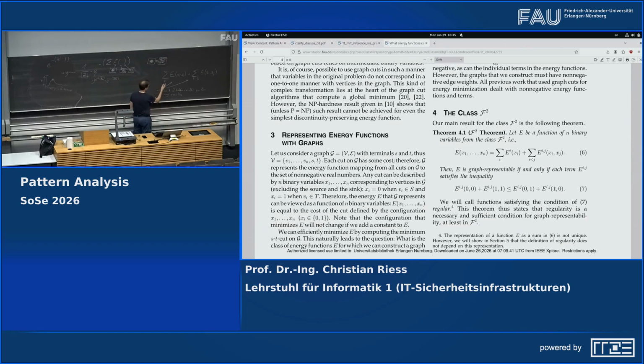So this is the third condition, which in other parts of the literature is called the submodularity condition. So this is equation 7 in the paper.